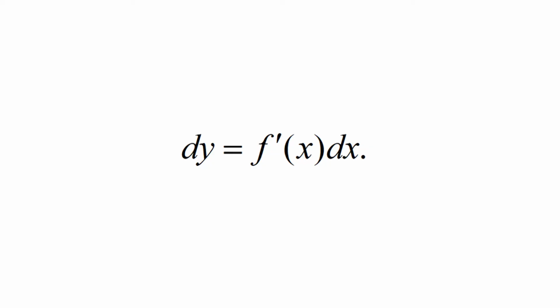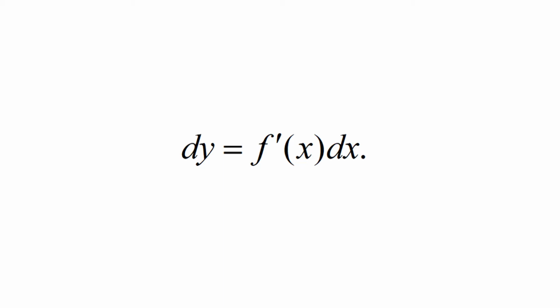To do this, assume that f is differentiable at a point x, define dx to be an independent variable that can have any real value, and define dy by the formula dy is equal to f prime x times dx.